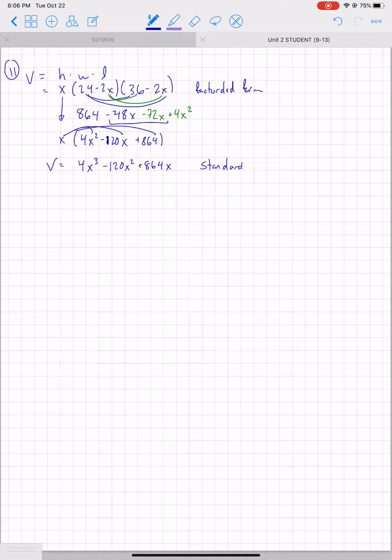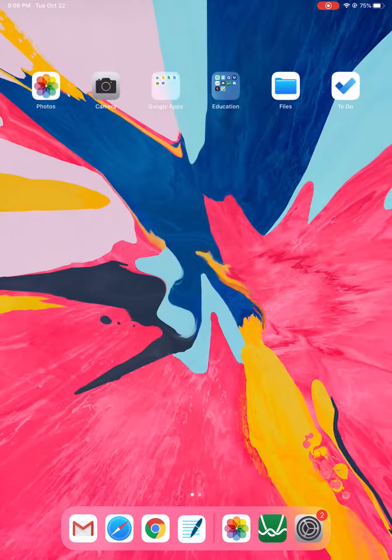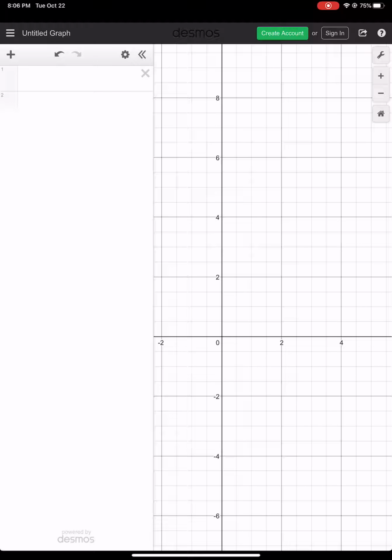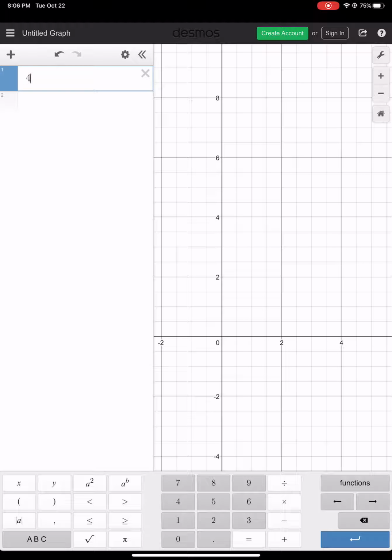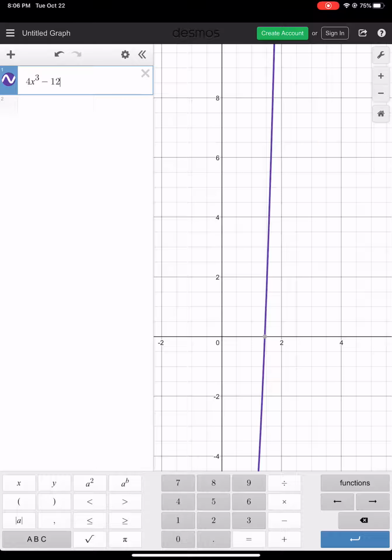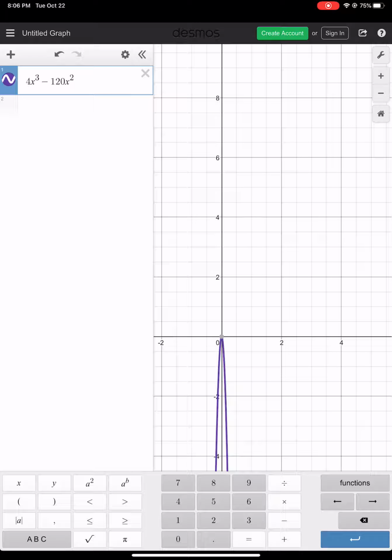So what we need to do here is we need to go to Desmos to graph it. So I'm going to, thank gosh I had it right there, graph this equation. So we said it was 4x to the power of 3 minus 120x squared plus 864x.